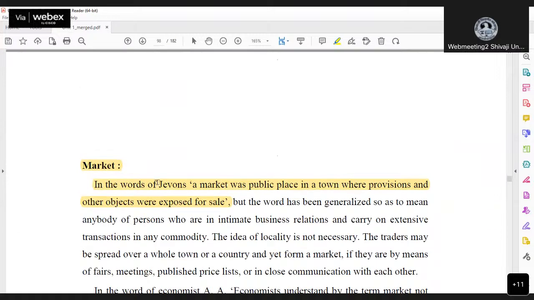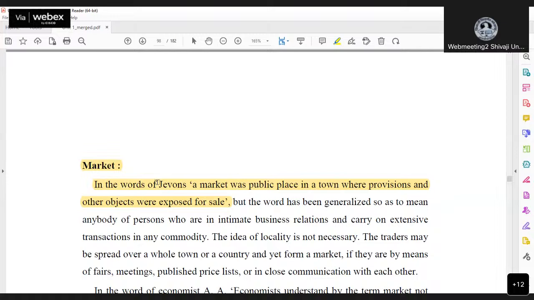Again, moving towards the basic concept, that is the market. Market was a public place in a town where provisions and other objects were exposed for sale. What exactly is meant by the market? It is just a place where the exchange of goods takes place.